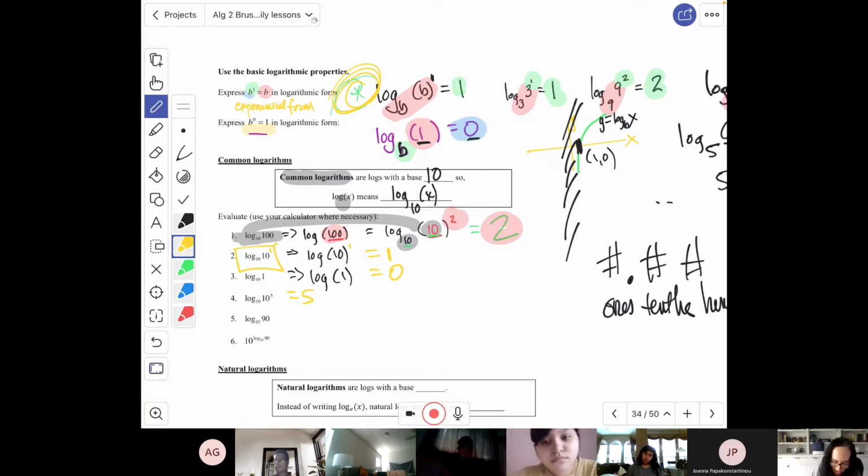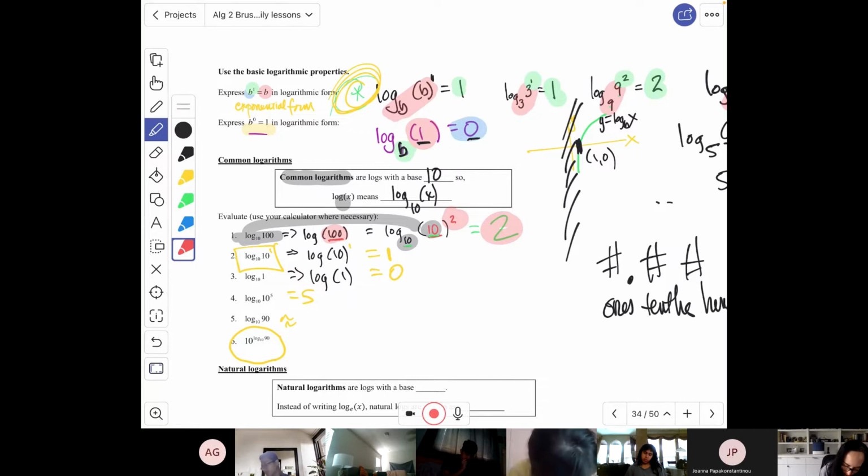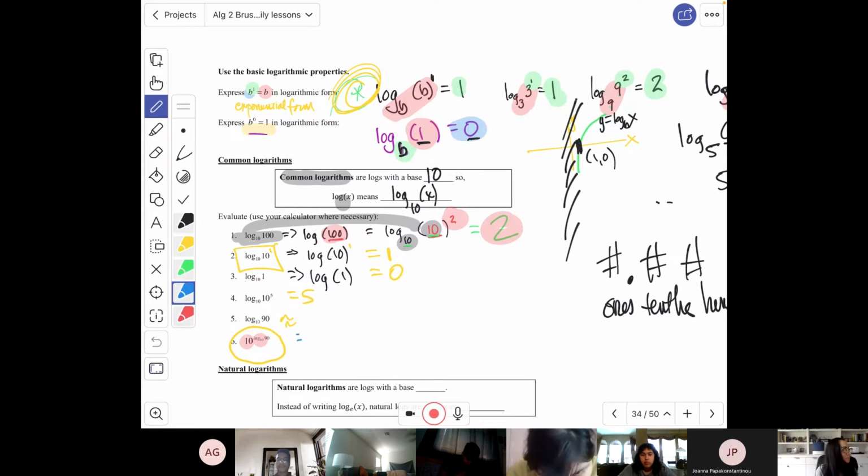Now, this would be a decimal approximation. Do you think you could maybe guess what that one would be? Notice here, and this is a little foreshadowing, we have the base raised to a logarithm of the same base.